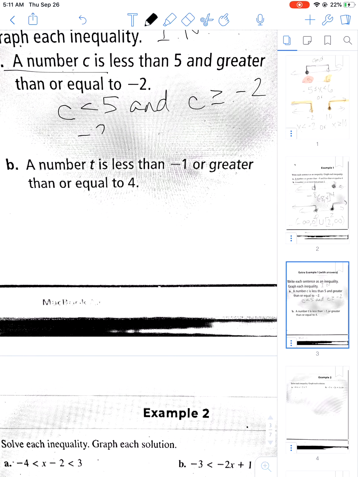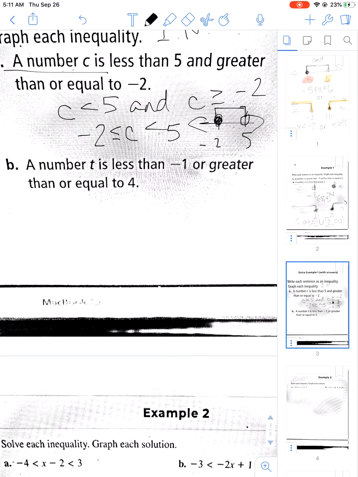So negative 2, smallest number, biggest number. C is bigger than negative 2, but smaller than 5. Smallest number, biggest number. Closed at negative 2 because the line underneath, open at 5. And it's an and, so we just lock in all the numbers between those two.